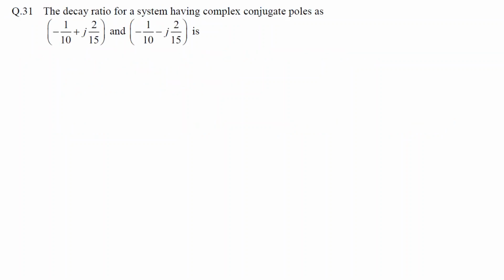So the system that we are considering is a second order system. For a second order system, we can write the transfer function as G(s) is equal to Kp upon tau square s square plus 2 zeta tau s plus 1. And the poles are the values of s for which the denominator is 0.